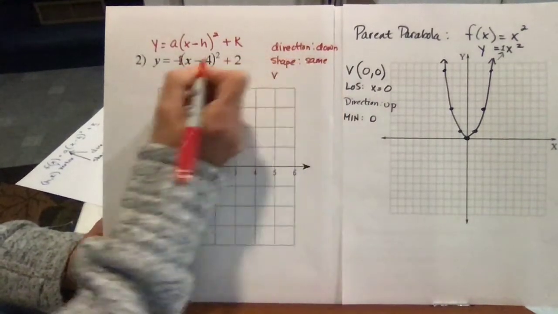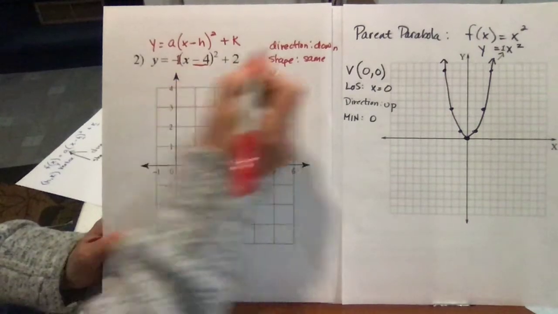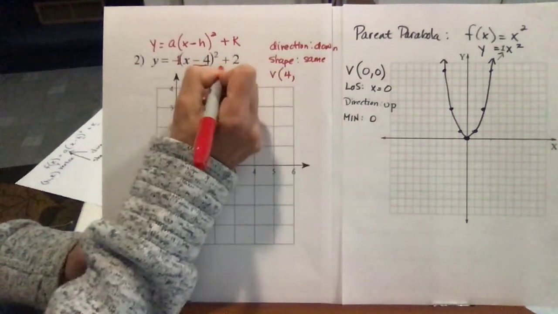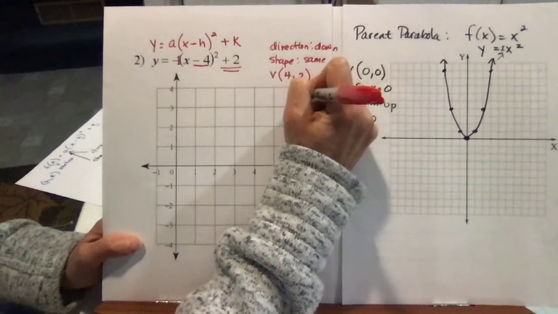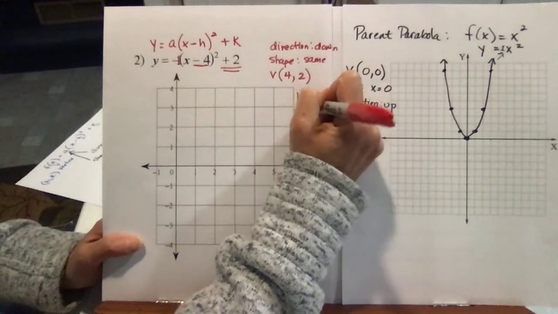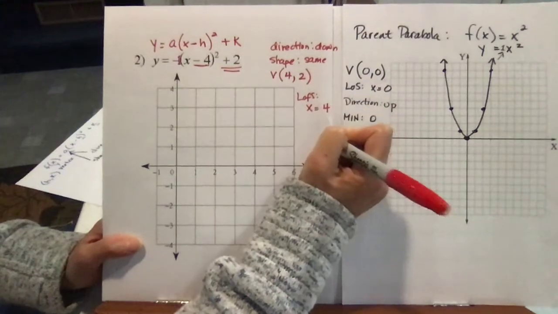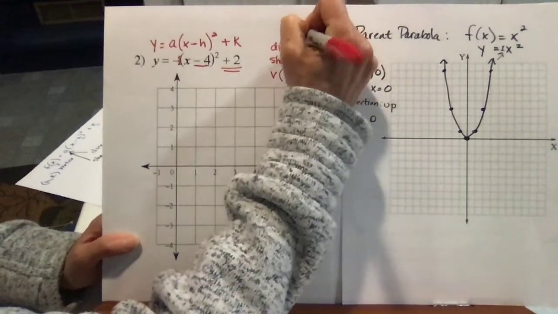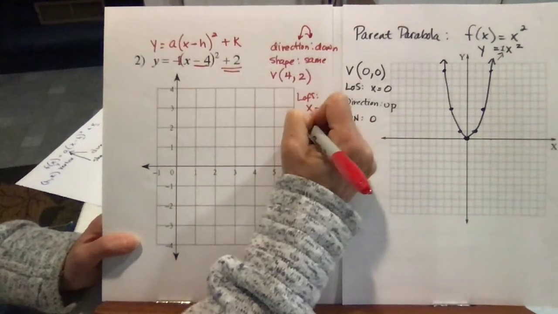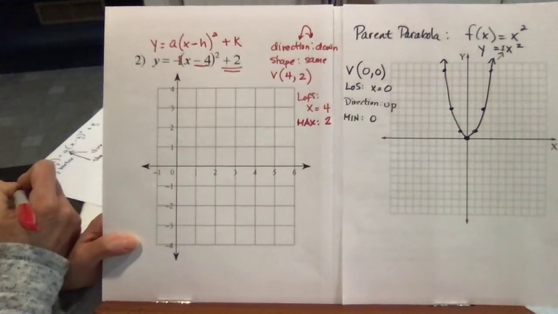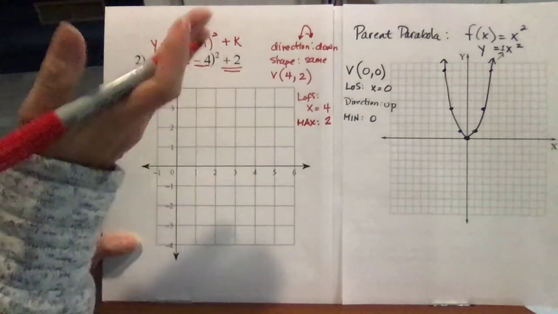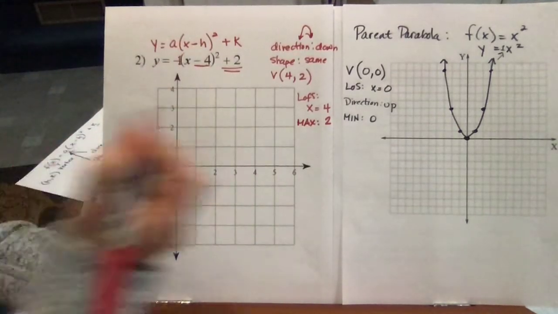Our vertex is the opposite of what you see inside, so +4, and exactly what you see outside, so +2. From there we can write the line of symmetry right away: x equals 4. Since it's going downward, we're going to have a maximum point, and that max value is the 2. That's how high it's going on the graph.